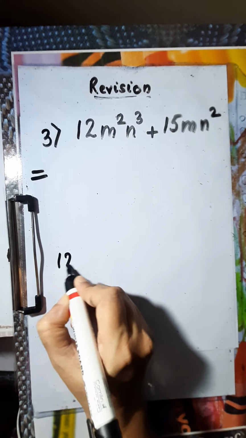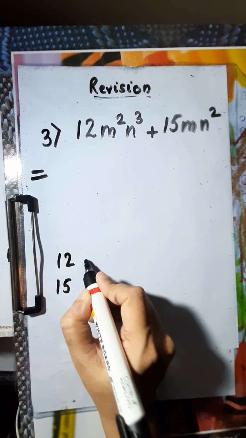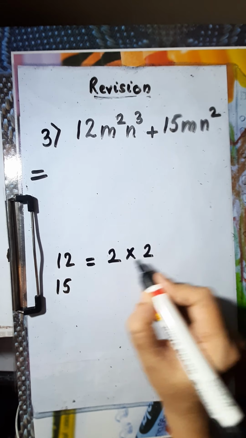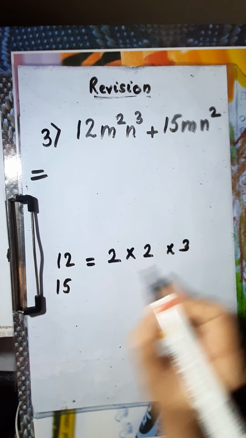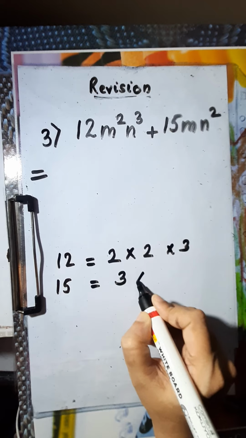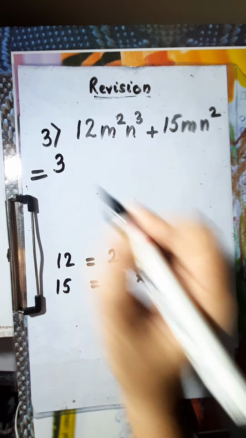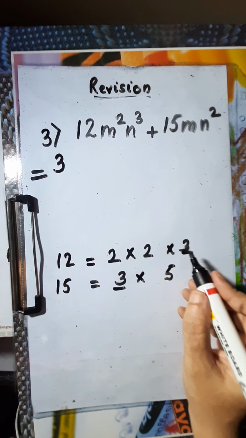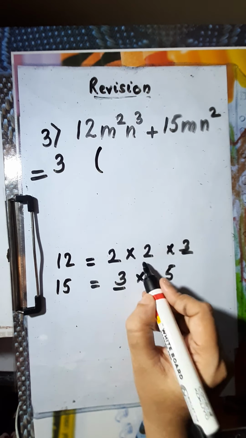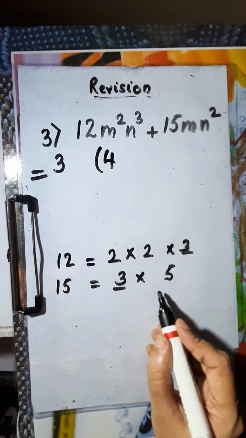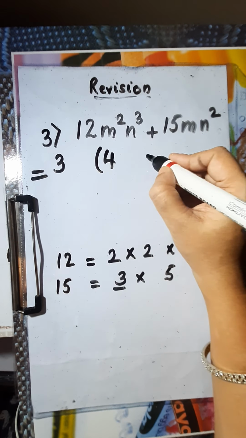You see my 12 and you see 15. What is 12? 2 into 2 into 3, and 15 is 3 into 5. What is common? 3 is definitely common. Now 2 twos are 4, and here my 5 is left behind.